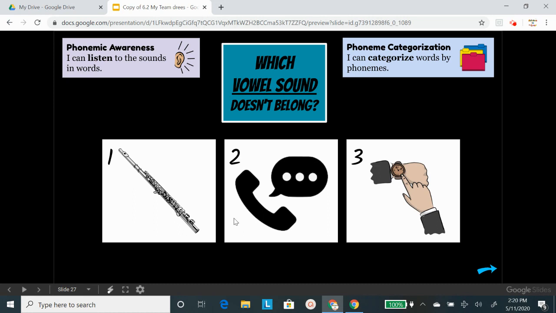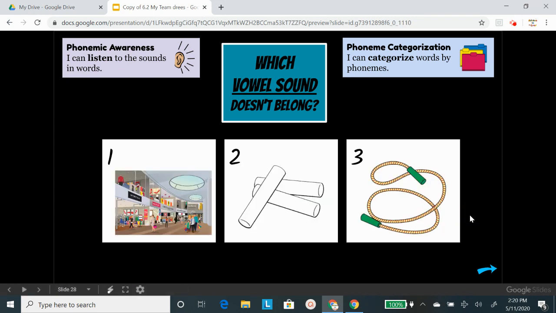Call had an ah sound. These had ooh. These pictures are mall, chalk, rope. Rope doesn't belong, it has an O, and these both had ah sounds.